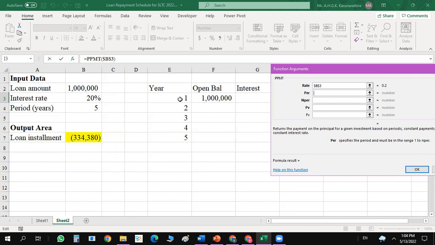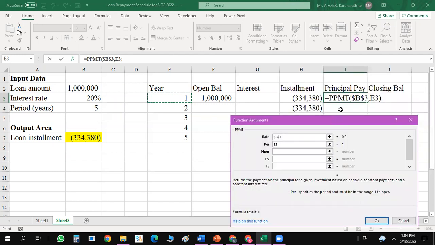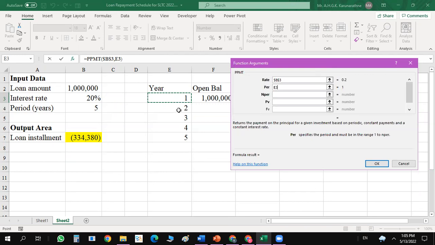That means period 1, period 2, period 3, and it is very important to make it relative, because the capital repayment will vary according to the period. So just show it like this and make it relative. Don't make it constant.